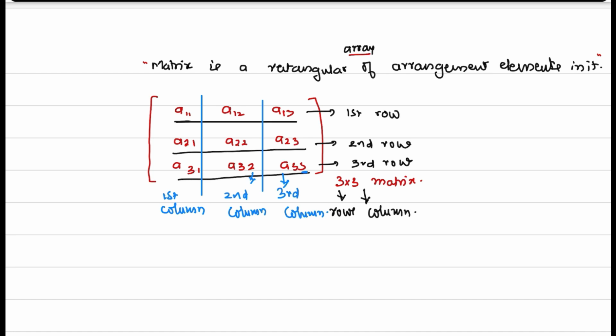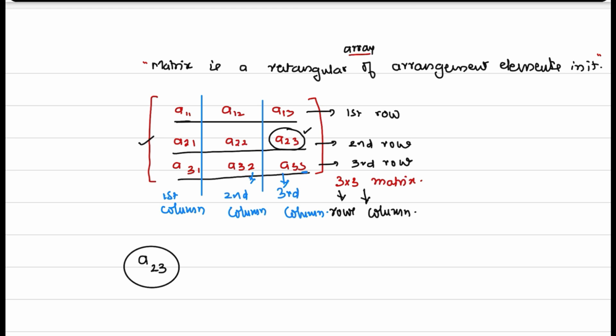Second row and third column means second row is 2, third column is 3, A23. If I want A23, how to locate it? Second row is this one, and third column is this one, and this is A23.